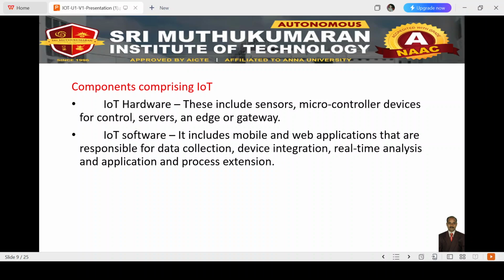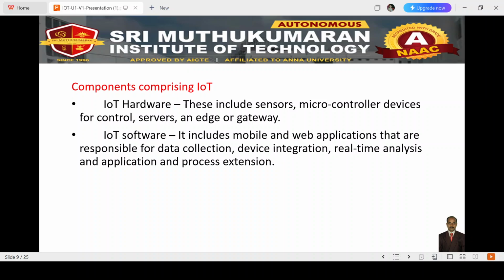Coming to the components of IoT, there are two major bifurcations when we explain the components. One is IoT hardware, and another is IoT software. In IoT hardware, the basic components are mainly sensors, actuators, routers or gateways. All of these are the hardware components required, and mainly the servers to store all the data.